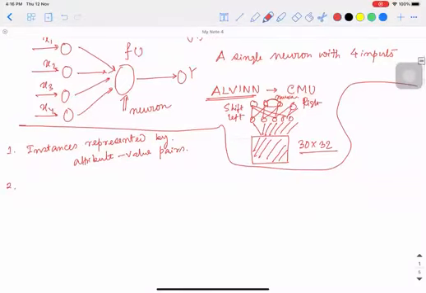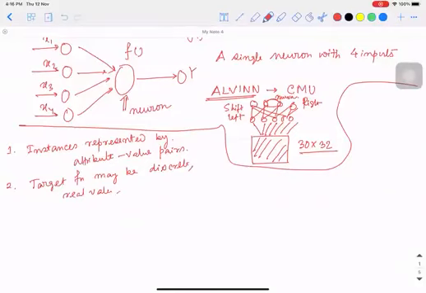Then you can apply neural networks when the target function may be a discrete value or a real value.